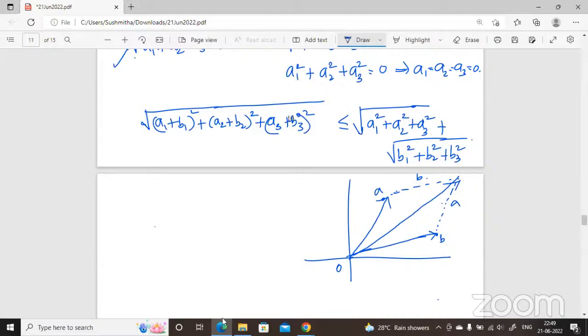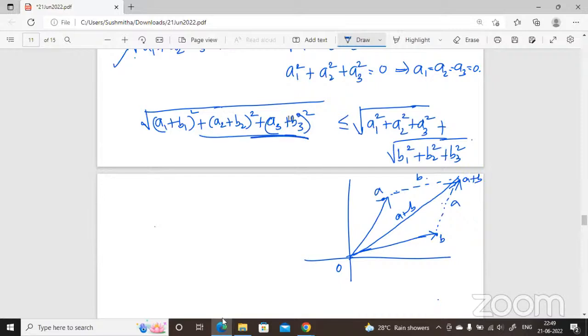So when we take the triangle law, we will take this triangle, right? This one. Right. Yes, now it is clear.